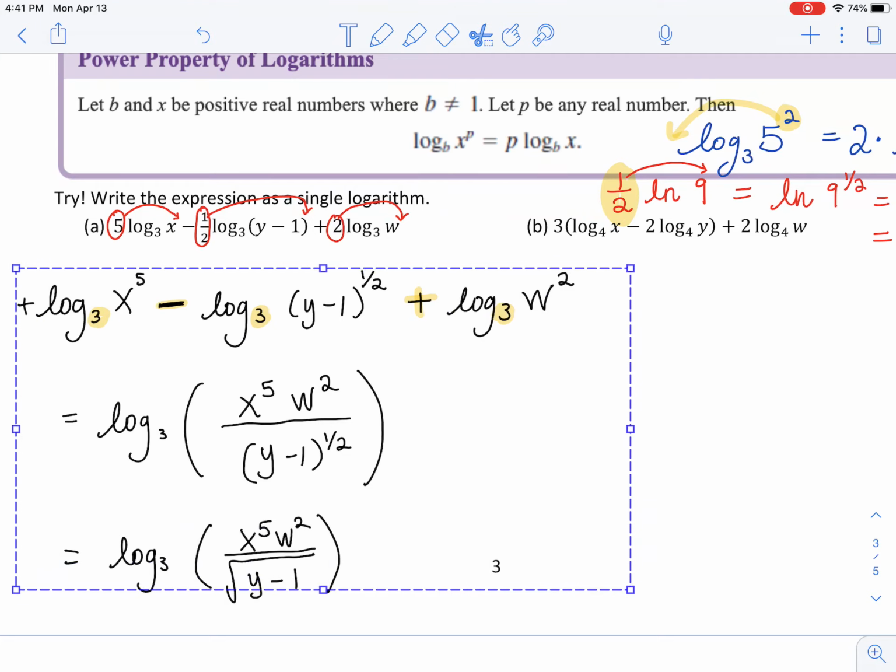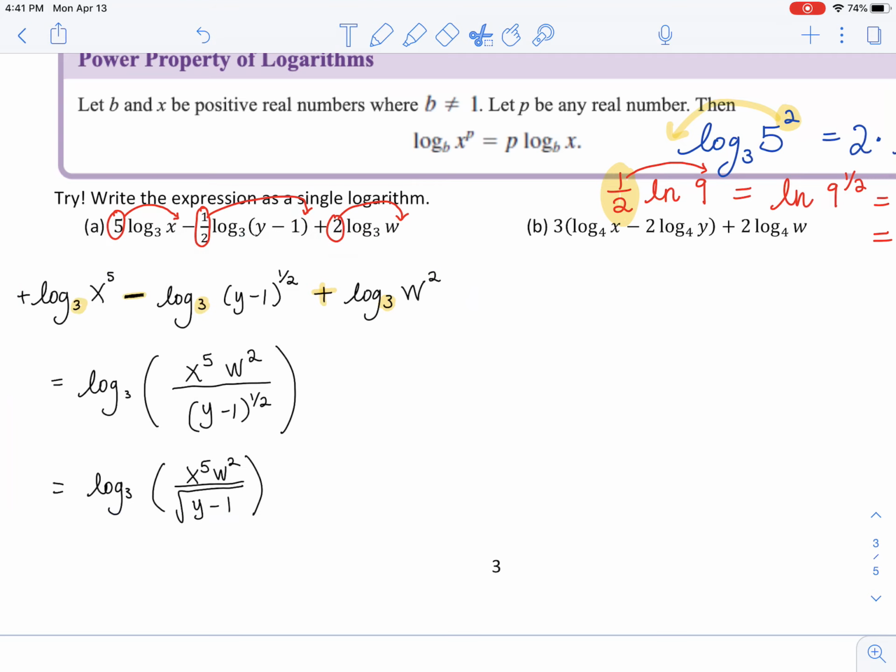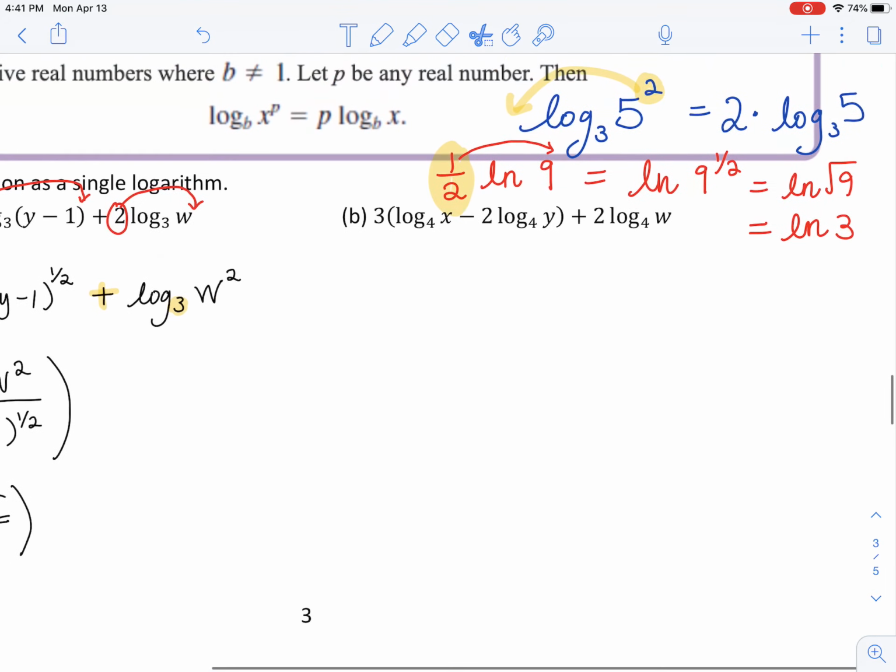All right, let's do one more. I'll just make it a little bit smaller over here. Okay, now this time, look at this. This 3 is in front of both of them. Of course, there are better ways to do different things, but I'm just going to go ahead and distribute this 3 to these 2 log expressions so that they're separated, not in a parenthesis anymore.